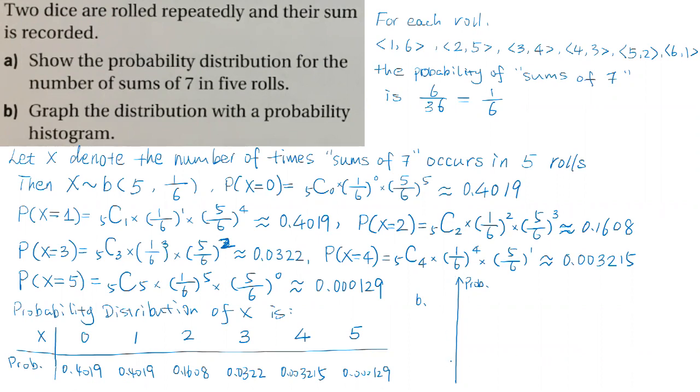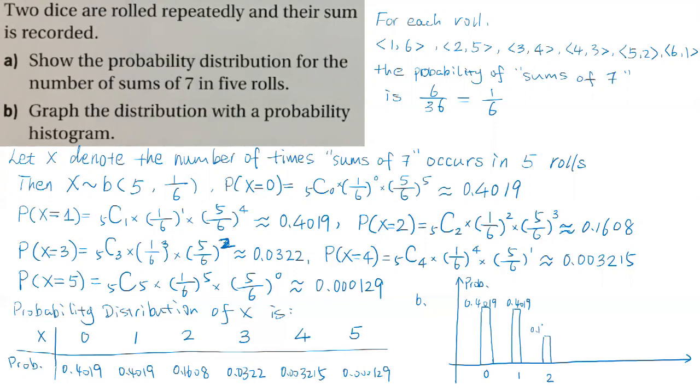Okay, here's x. Okay, first we have 0. Okay, when x is 0, the probability is 0.4019. Okay, when x is 1, the probability is also 0.4019. Okay, when x is 2, the probability reduced to nearly half, right?